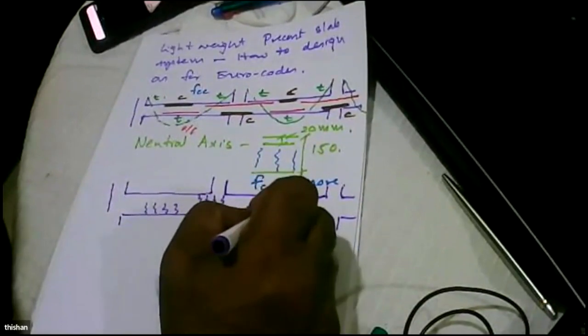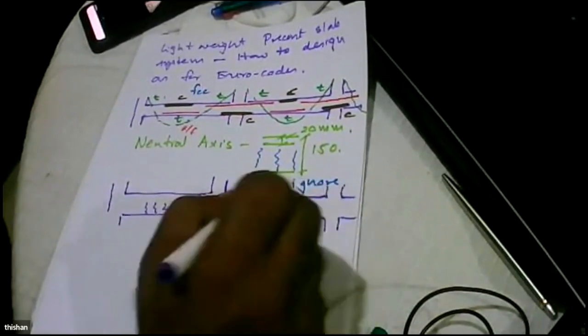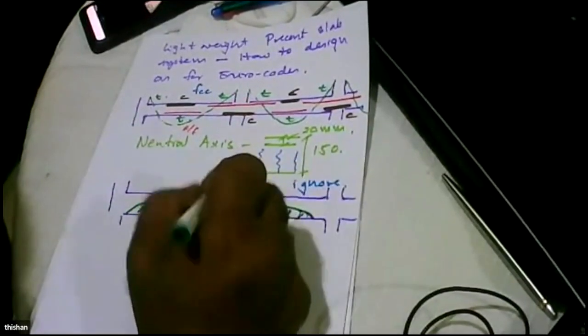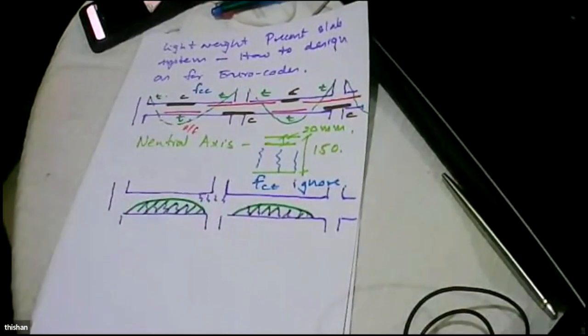Here it's cracked. If it is cracked, doing nothing, remove this part of the concrete. Remove this part of the concrete. And we know we cannot remove this part of the concrete, although it's cracked. So we looked at it this way.